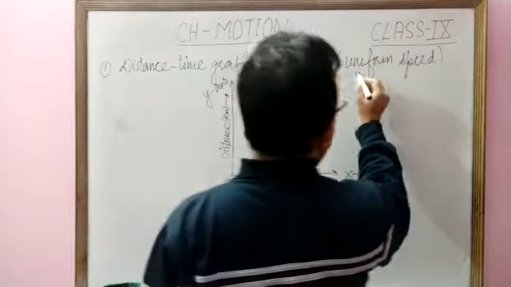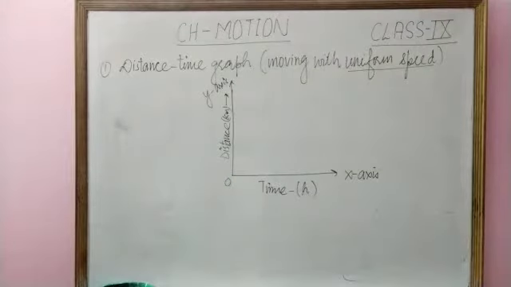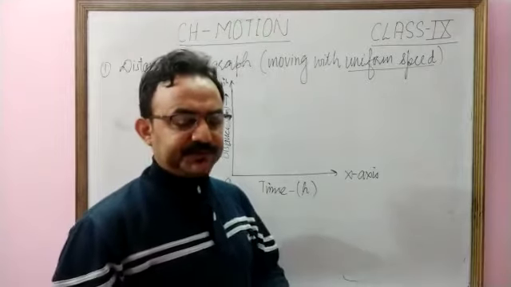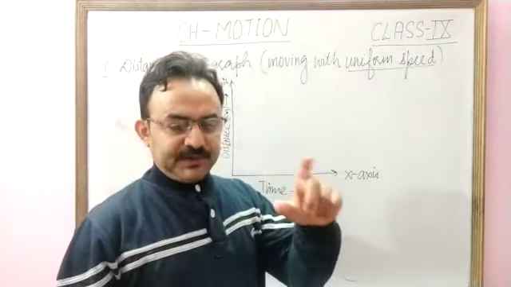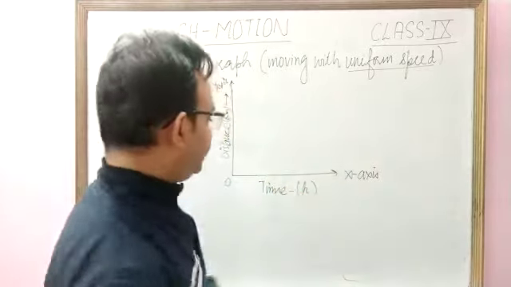This is the condition for uniform speed. In case of uniform speed, as per the definition of uniform speed, we have equal distances in equal intervals of time.